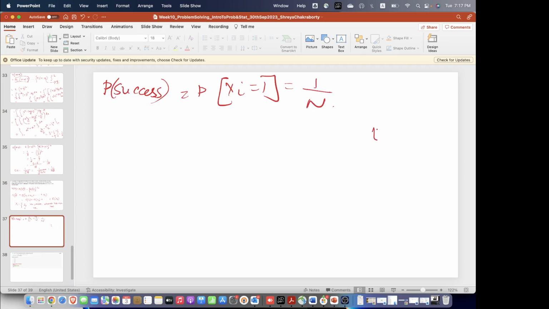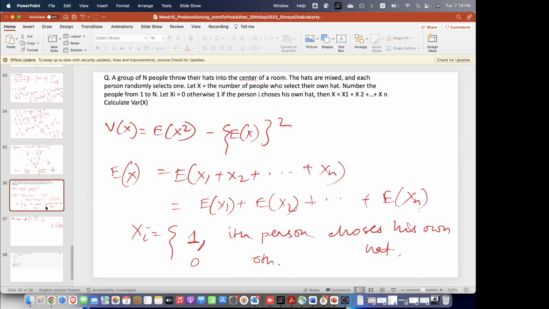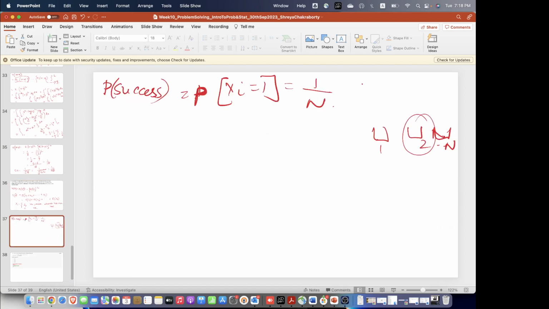There are n options to choose from. You have n hats, 1, 2, and you could choose any one. So the probability of choosing that one would be 1 by n. The probability of success, that is, the probability of xi equal to 1, is 1 by n. This is 1 by n for all i, it is not dependent on i.